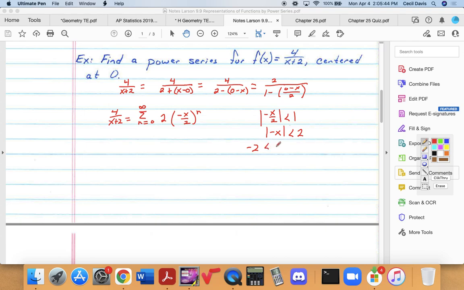So negative 2 is less than x is less than 2 is our interval of convergence. Okay? It's mostly just messing with this to where it looks like what you want it to look like.